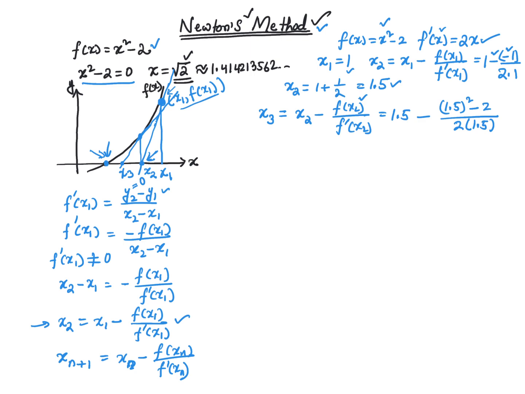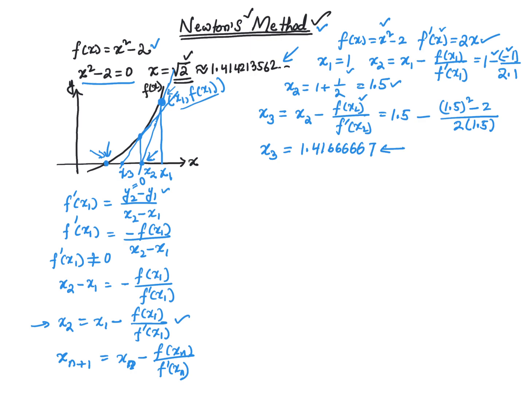You can simplify it very easily, and this is what you should get: 1.41666, and you can keep going with as many sixes as you want, and if you round it, it's going to give you 7. As you can see, already we are getting very close to the square root of 2.